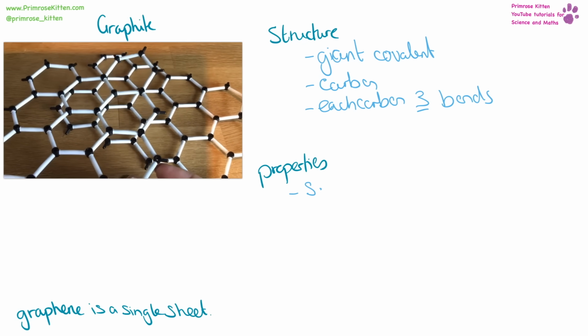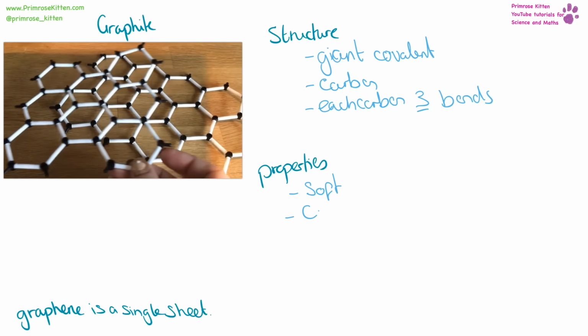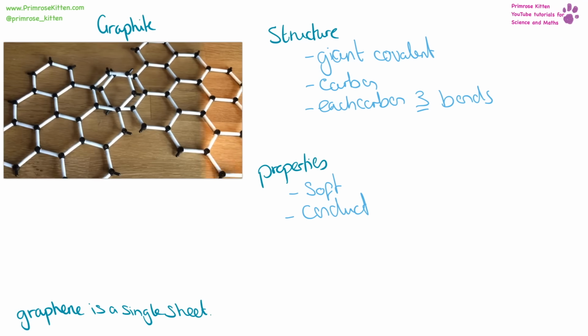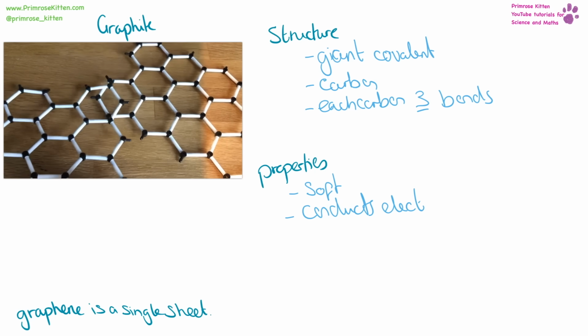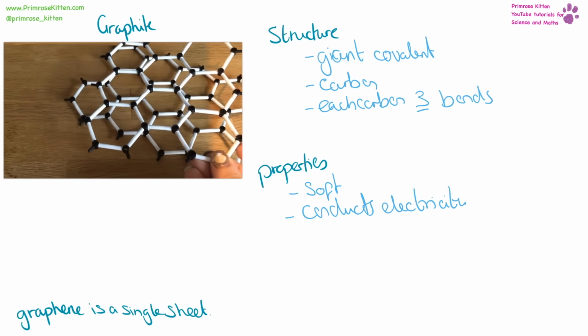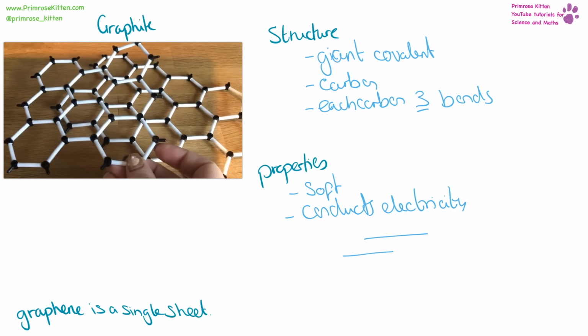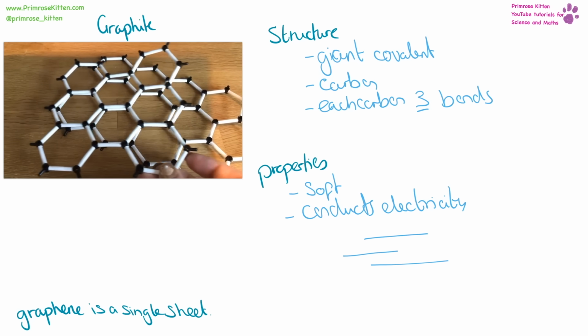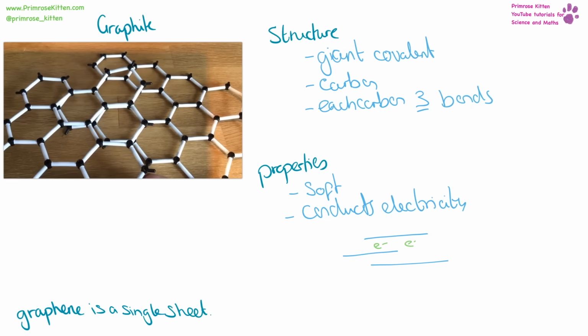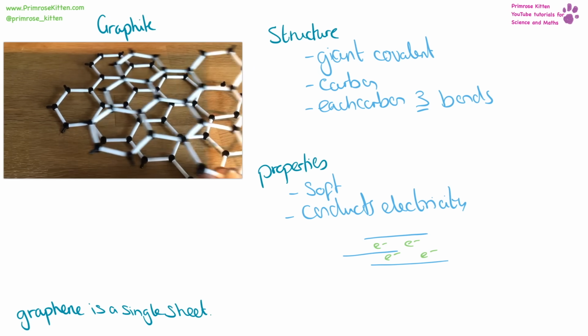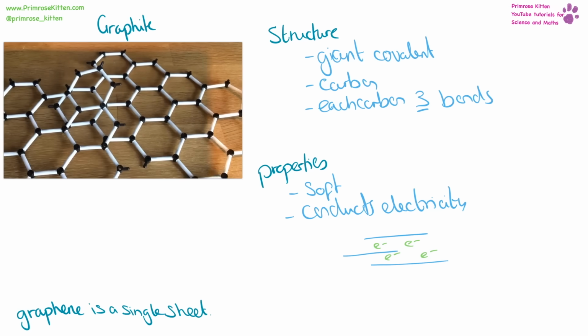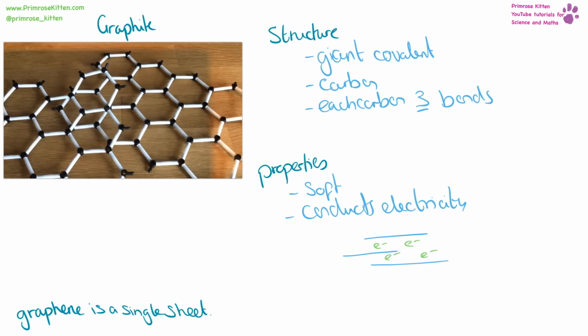The properties are that it is soft and it conducts electricity. Because it is in sheets and there is a spare electron floating around in between these, that means it will conduct electricity. Graphite is what you find in pencils, graphene is just a single sheet.